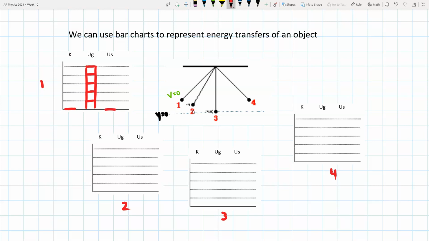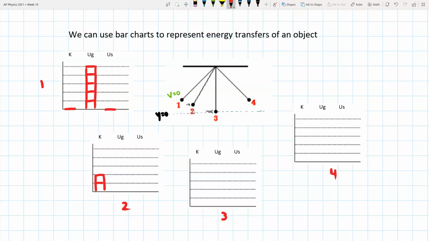Now at 2, take a look at what's going on. It is moving, so I know there's some kinetic, but it's still above 0. So let's say this has 2 blocks of kinetic: 1, 2. Remember, energy was conserved, so however much energy I started with, and remember that doesn't mean 5 joules, this is just a representation, a qualitative tool.